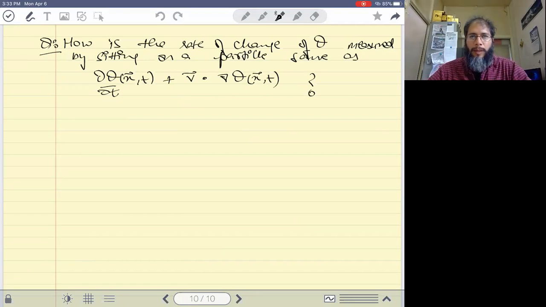The way we will understand this is, first we'll understand it intuitively, and second we'll do it rigorously mathematically and show that this is indeed the same.